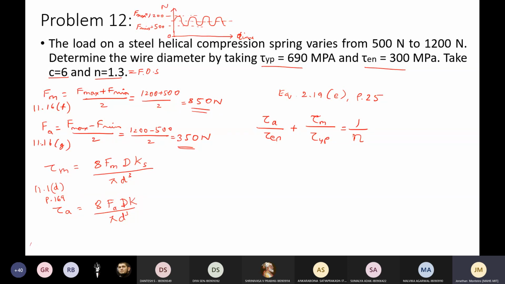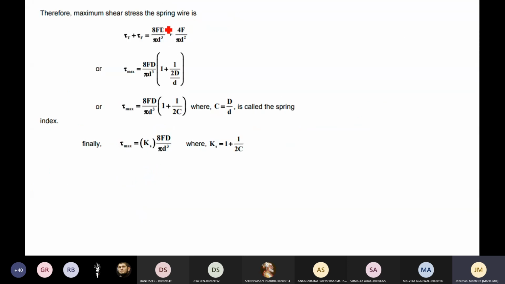Now I think one small discussion is left over here. Maybe we have not taken that. What is that Ks? I'll just have to do a small discussion here. See, if there was a spring, a single spring, no concentric and whatever complications, a simple spring, then when the load was applied on this spring, it was subjected to two kinds of stress.